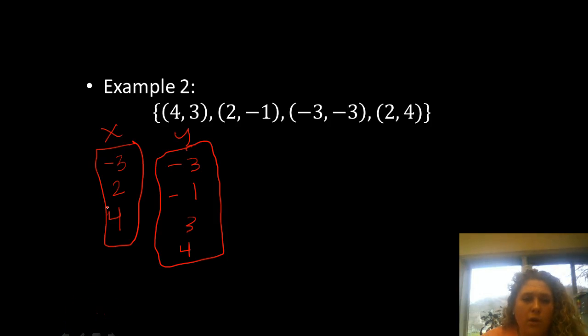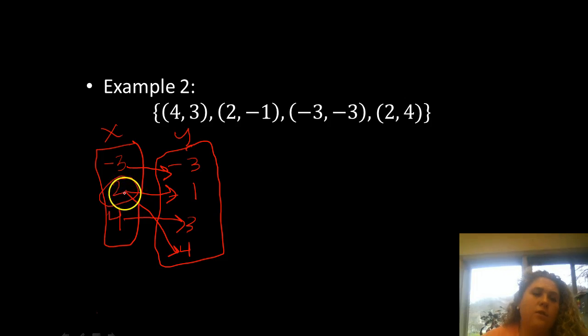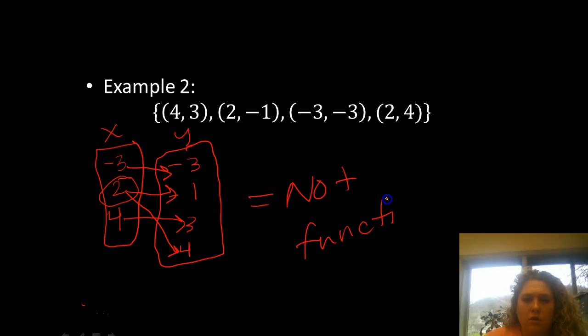So this should be what your mapping diagram started to look like, and then we can put 4 to 3, 2 to -1, -3 to -3, and then I also have 2 to 4. So you should see, because of this value here, I have two inputs at 2 but different output values, so this would not be a function. This is not a function.